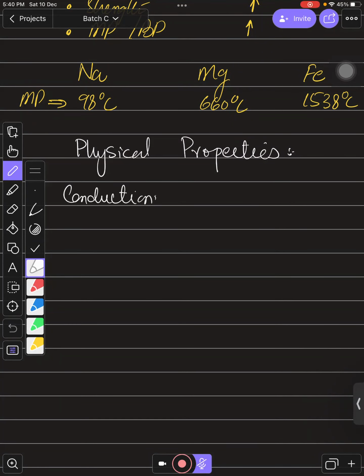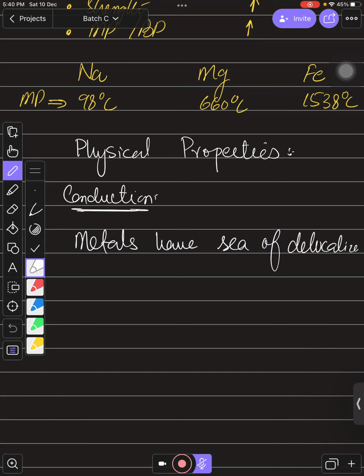Metals have a sea of delocalized electrons. That is why they can conduct electricity, that is why they are good conductors, or you can say they are the best conductors, right?